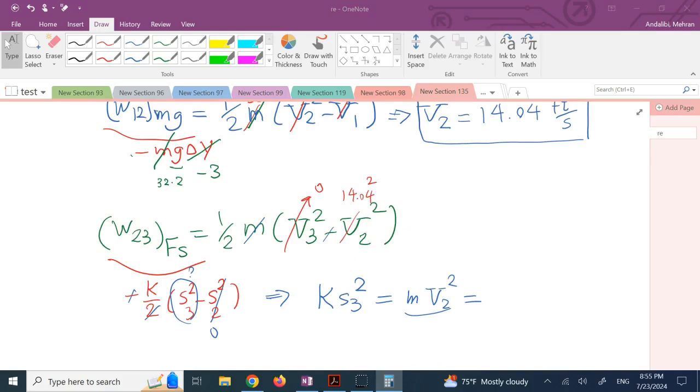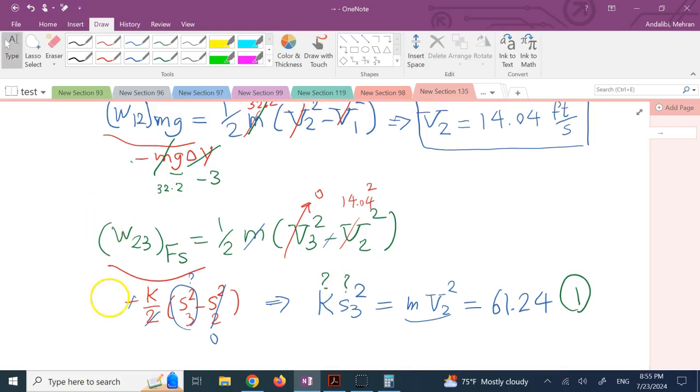You're going to get 6124. 6124 is this guy, that I call equation 1. Equation 1 has two unknowns, k and s3, so you cannot solve for that.